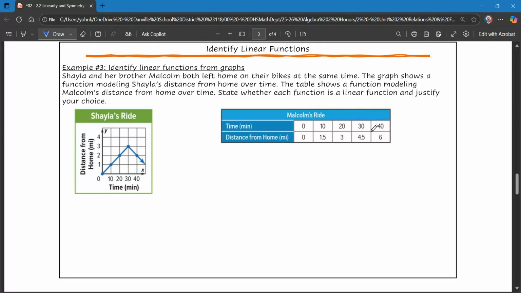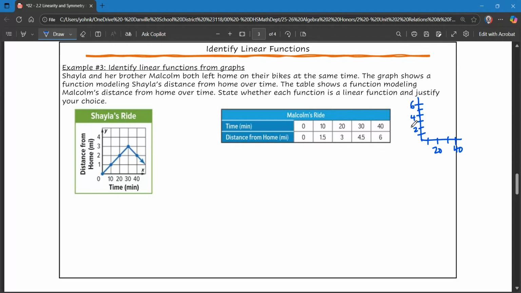I don't know what Malcolm's doing, so we should probably draw a quick sketch of his. 0 to 40 minutes again, so 10, 20, 30, and 40. And 0 to 6, so 1, 2, 3, 4, 5, 6. We'll go 2 and 4 and 6.